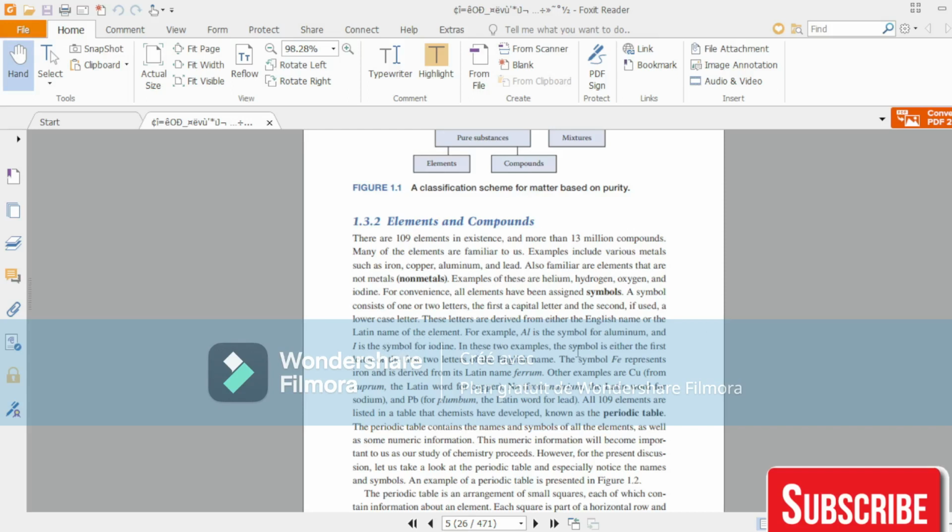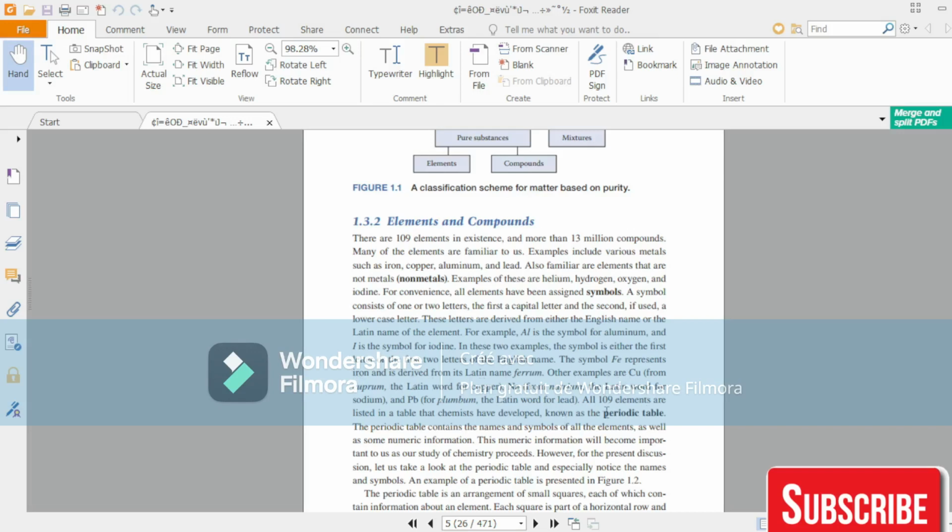For example, Al is the symbol of aluminium, and I is the symbol of iodine. In these two examples, the symbol is either the first letter or the first two letters of the English name. The symbol Fe represents iron and is derived from its Latin name, ferrum.